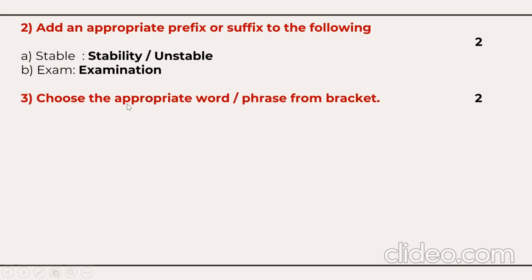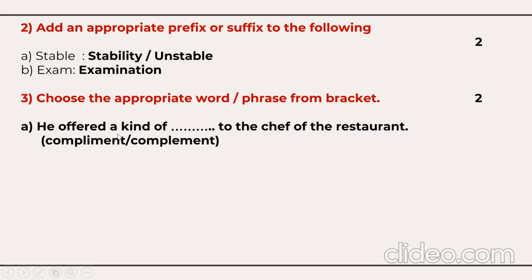Next question we have here: choose the appropriate word or the phrase from the bracket. Again, 2 questions you have. He offered a kind of compliment to the chef of the restaurant. So compliment, spelling C-O-M-P-L-I-M-E-N-T or C-O-M-P-L-E-M-E-N-T. L-E-M-E-N-T means to say something more in quantity.